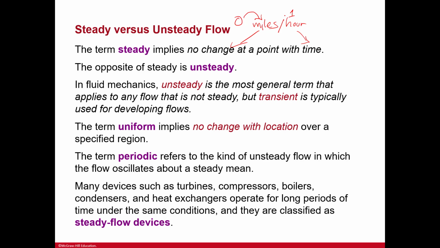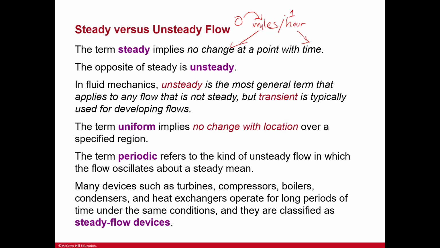In fluid mechanics, unsteady is the most general term that applies to any flow that is not steady. But transient is typically used for developing flows. You can think of that as gearing up when you start and stop. Just like a car, if you want your car to go 70 miles an hour, you're not just going to go from 0 and in the next moment be at 70 miles an hour, right?